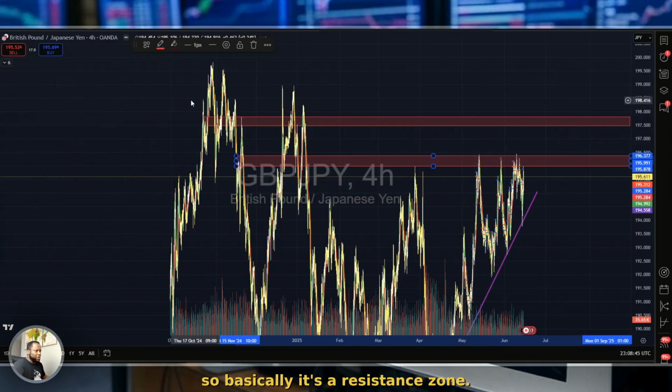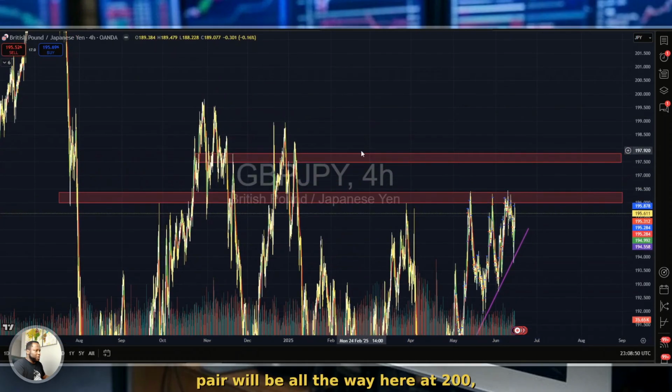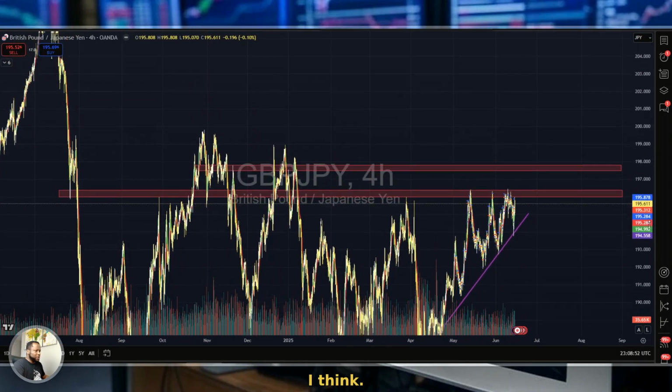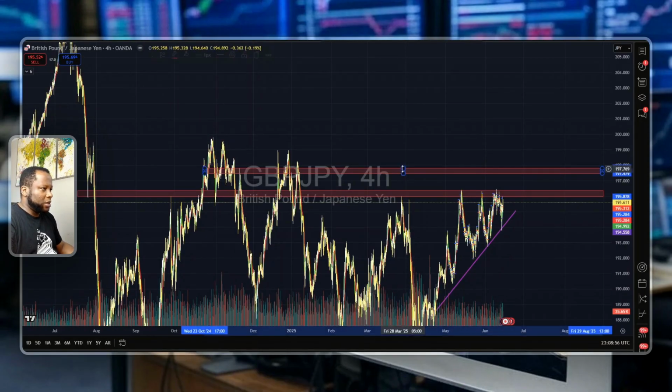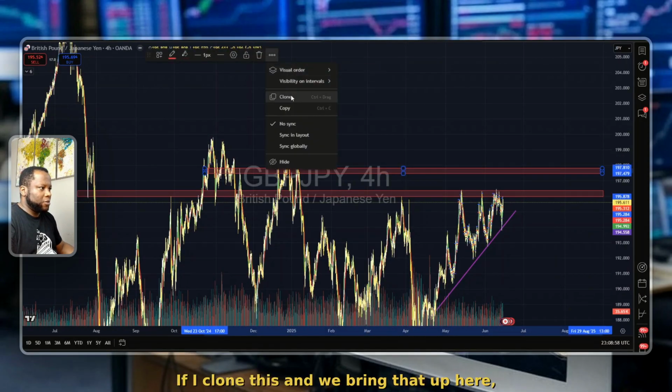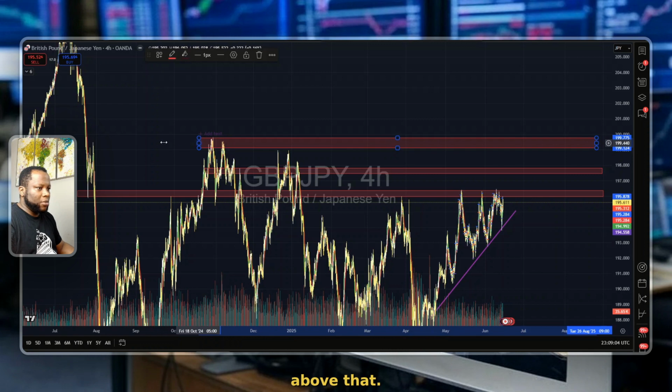All right, so basically it is a resistance zone, and the supply zones on this pair will be all the way here at 200, I think. Or right here, it's still a second supply zone here. If I clone this and we bring that up here, these are areas where you want to look to sell. All right, that is if price can break above that. This was a drop-base-drop area, and this has been acting as a sell zone for the past couple of months.